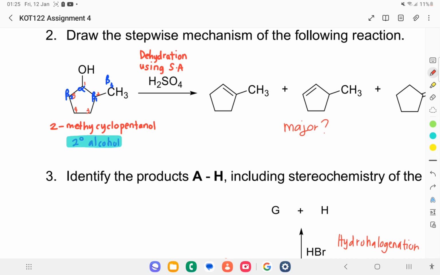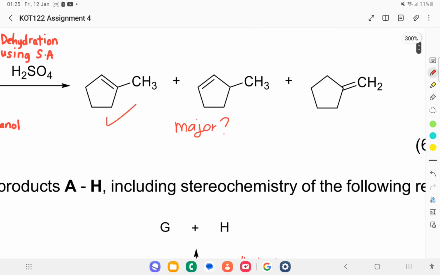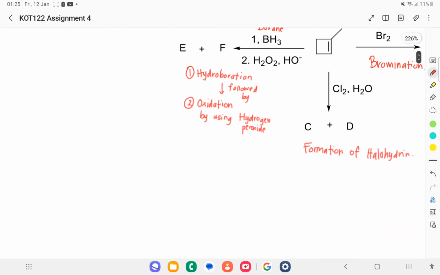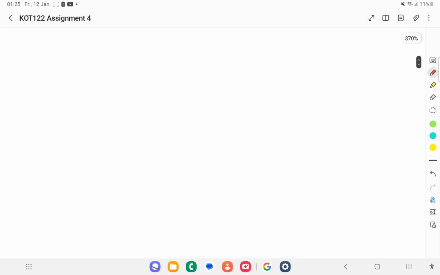Before you write the mechanism for the formation of the first product, second product, and third product, you need to first understand the prior knowledge that you have learnt in the previous chapter, which is elimination reactions.